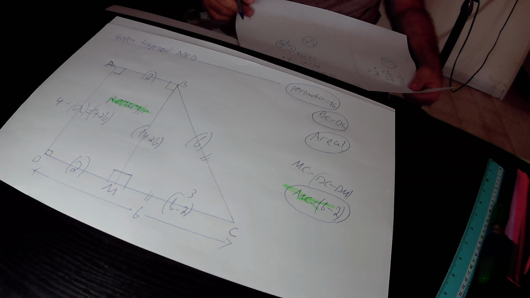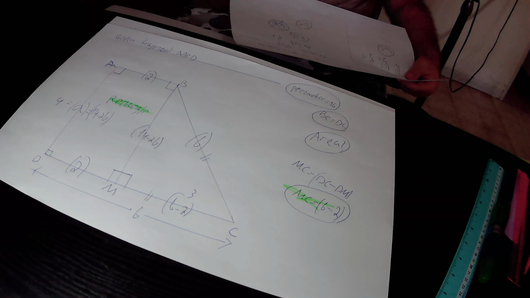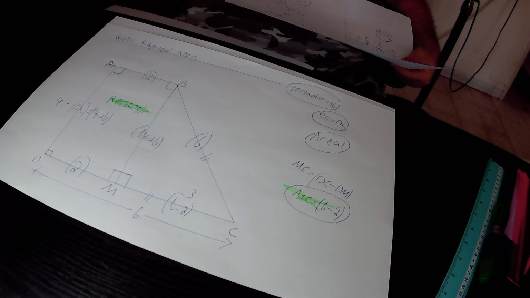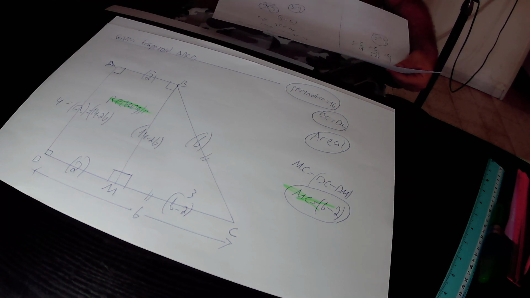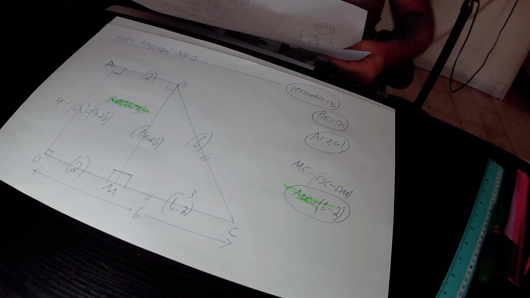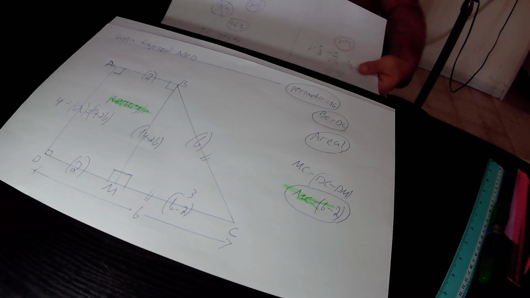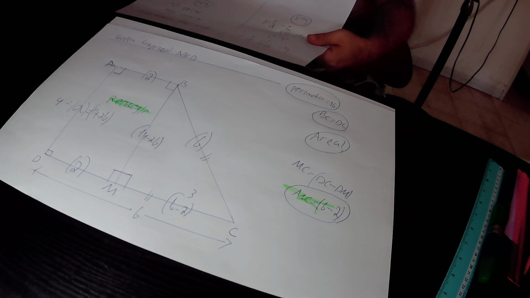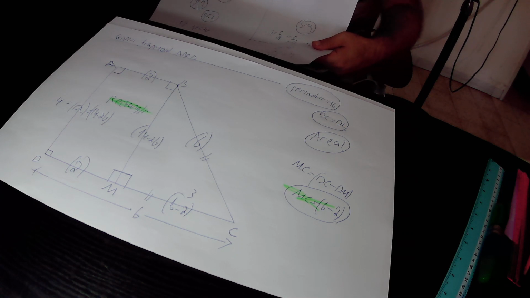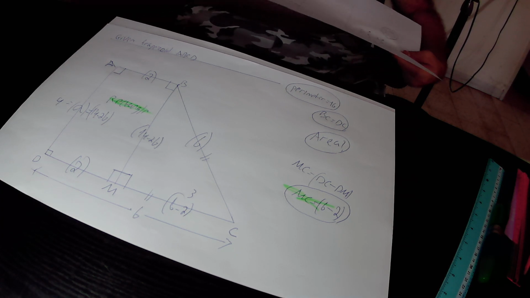So the area of trapezoid ABCD is equal to the sum of its two parallel bases times the height over 2.